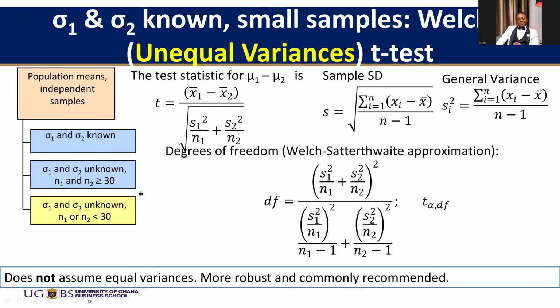Everything else you don't need to calculate, but you need to calculate the degrees of freedom. That degrees of freedom calculation is a little bit tedious. But once you get that, that is what you're going to use to find the critical value. But the actual calculation of the test statistic is simple.